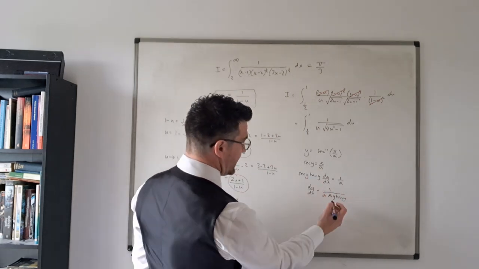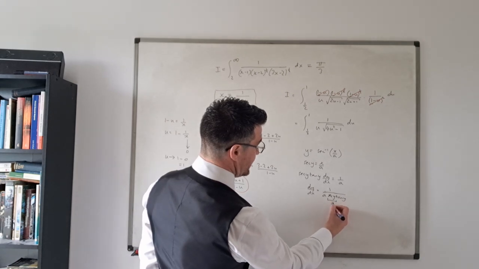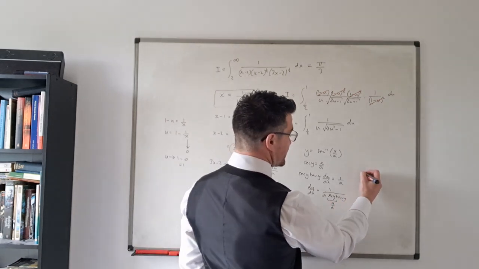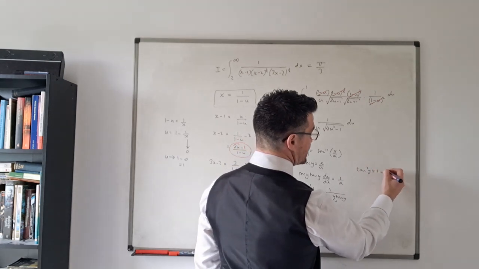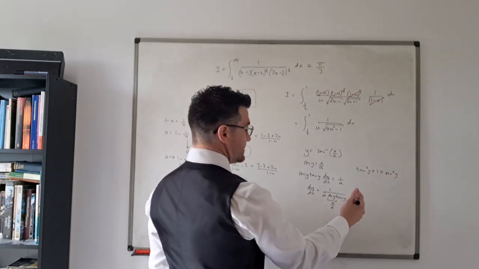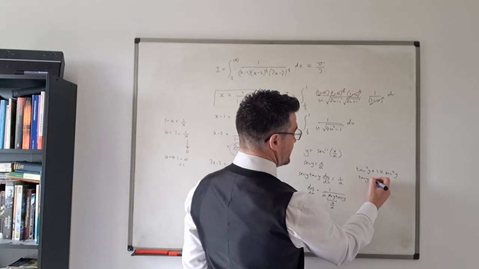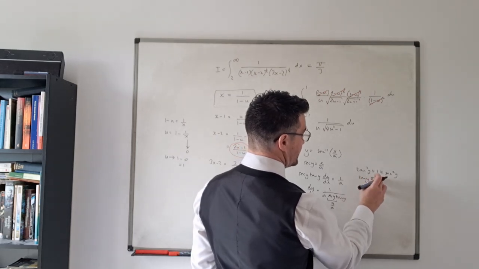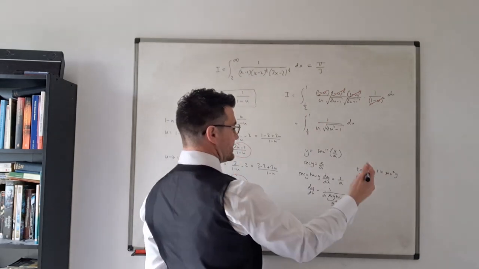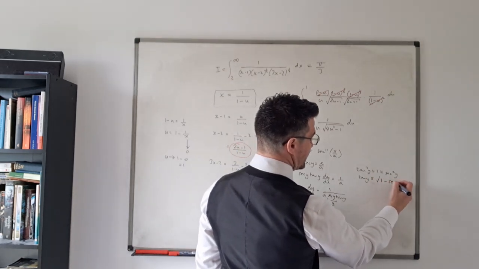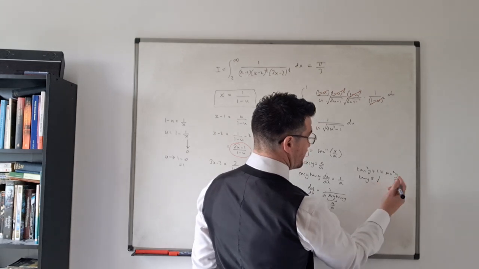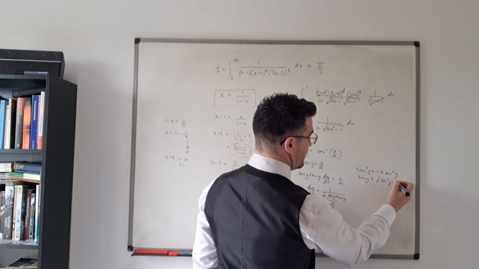So you've got sec y is equal to x over a. I'm not going to do the whole calculation, but also you've got the identity tan squared y plus 1 is sec squared y. So therefore tan y is, because we're dealing with positive values here, going to be the positive square root of sec squared y minus 1.